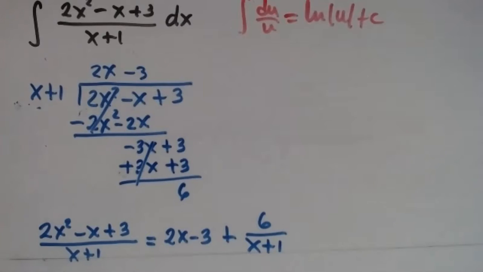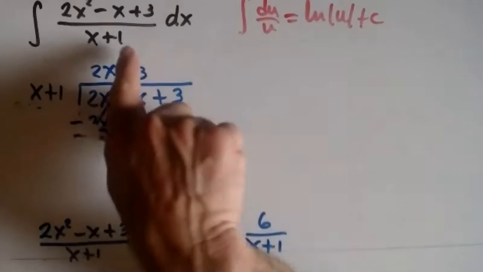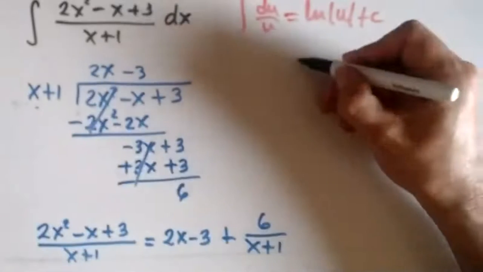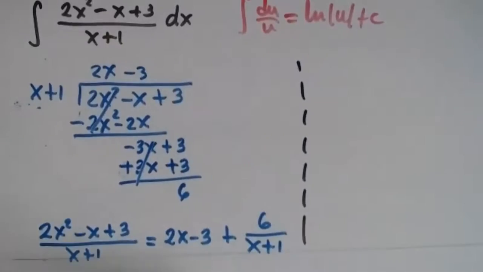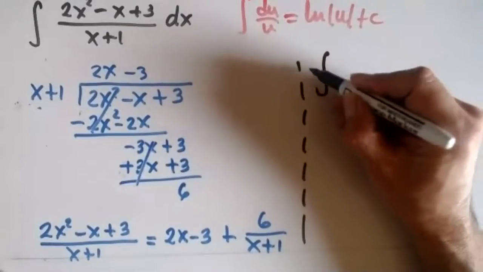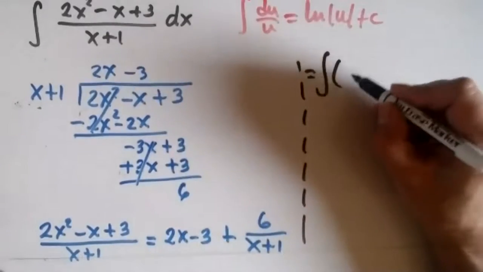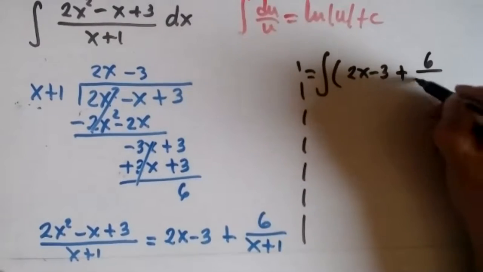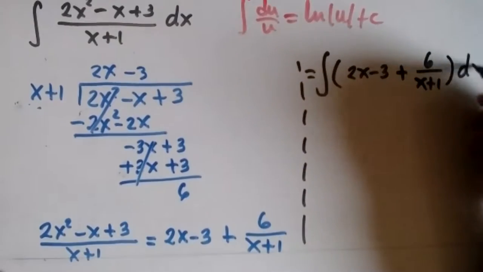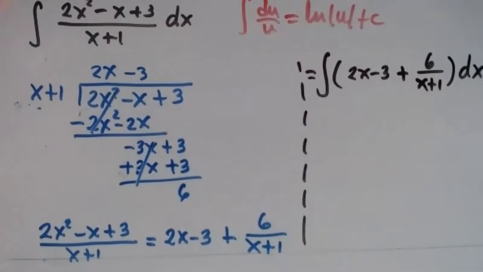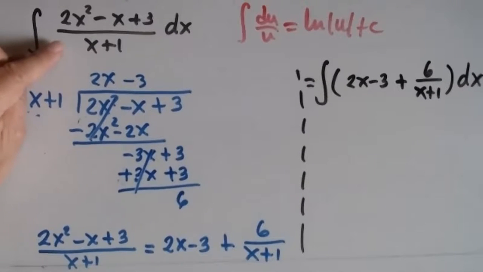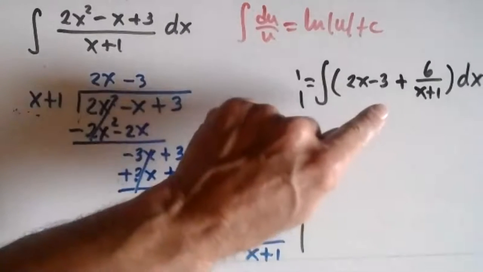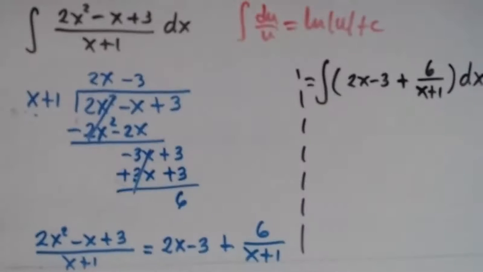Bueno. Okay. So this integral is going to be the integral of 2x minus 3 plus 6 over x plus 1 dx. So you see, this big expression right here is now split into these 1, 2, 3 expressions, correct?